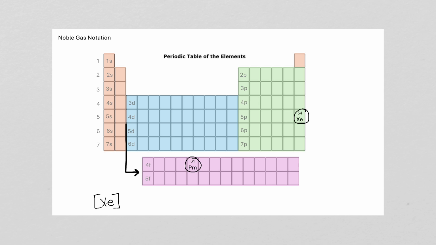Now I can just go from xenon forward and figure out what the rest of the electrons are that go in that configuration. So after xenon, I would move down to row 6 of the periodic table. So I have 6s2, and then here I go down to my F block. So I have 4f, 1, 2, 3, 4, 5, 4f5.